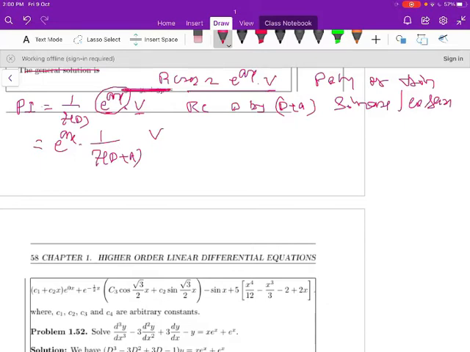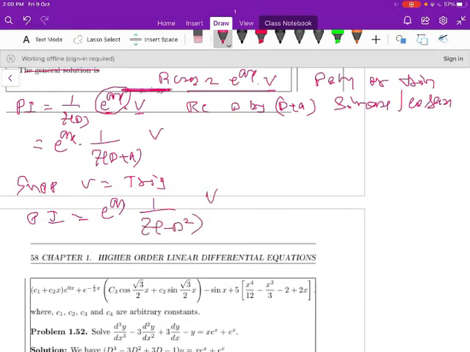If v is a trigonometric function, then PI is equal to e power ax, 1 by f of minus D square into v.